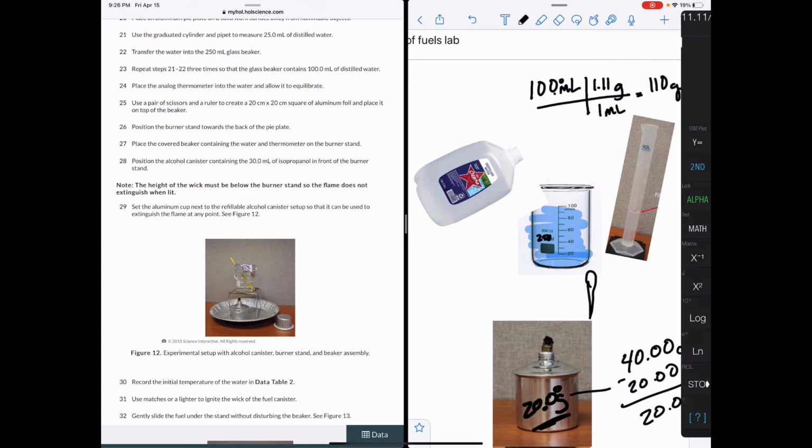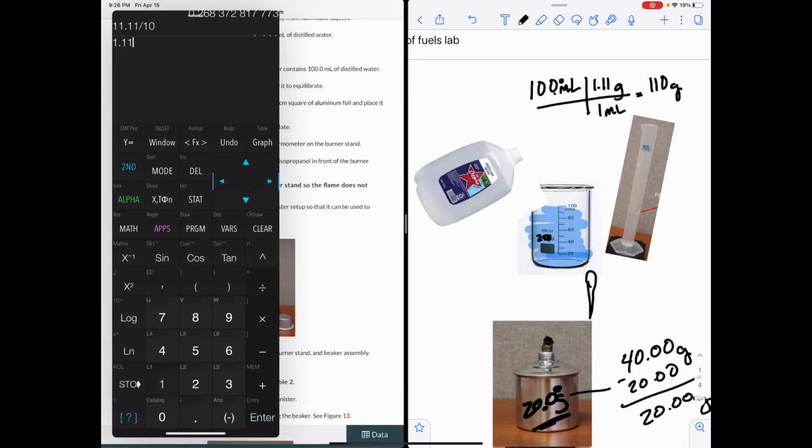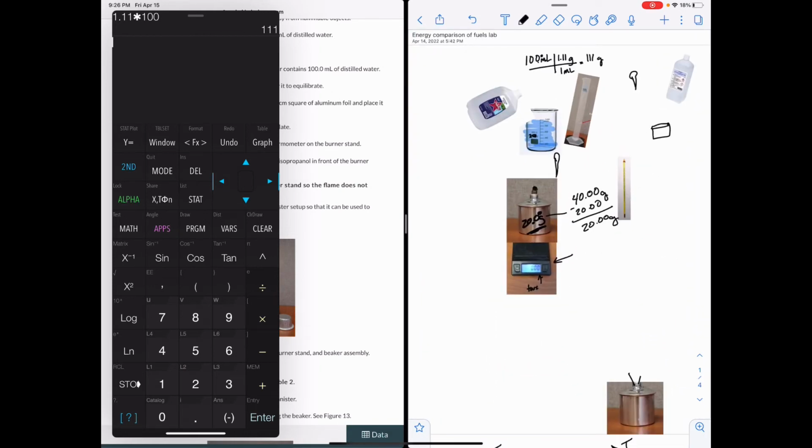No, not 110. 1.11 times 100. 111, yeah. Brain moment there. So you do know the mass of the water right here by doing that extra little calculation. So that's why they had you do that. I know, why not weigh it? I know. Maybe it's just good practice for you.